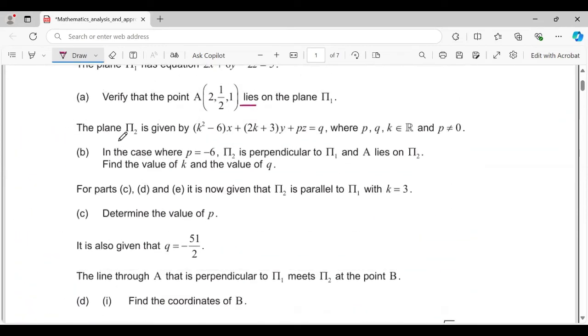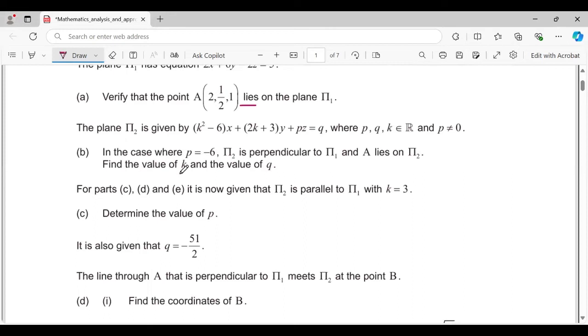The plane pi 2 is given by this equation, where p, q, k are real and p is not equal to 0. In the case where p equals minus 6, pi 2 is perpendicular to pi 1 and A lies on pi 2.